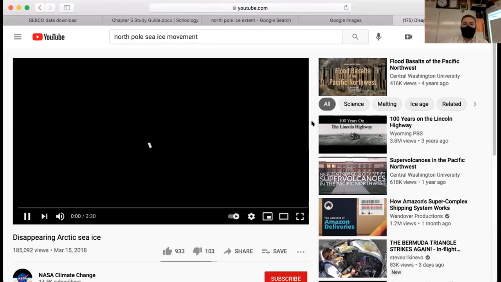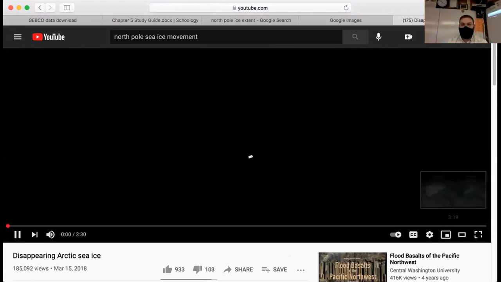There are currents that move around at the North Pole. As those currents move around in a circle, they carry the sea ice around, and that sea ice can leave the polar regions and end up coming down into the Atlantic Ocean, especially, but sometimes into the Pacific Ocean, usually just the Atlantic Ocean, because the Bering Strait is really narrow and the current goes up into the strait, so it can't really get out.